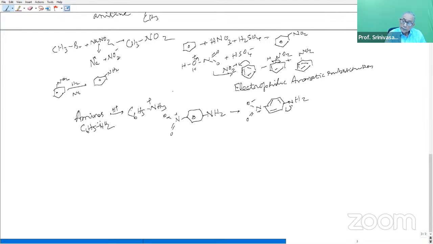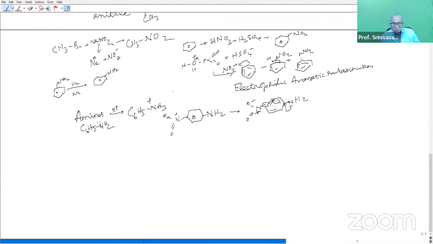This lone pair goes to the bond between the carbon and nitrogen, and this bond moves here, this bond moves here, and the positive charge will be taken away because now another bond has come here. The nitrogen will become positive. When the nitrogen becomes positive, it cannot react with acid. So basicity of the paranitro-aniline is much lower than basicity of aniline.